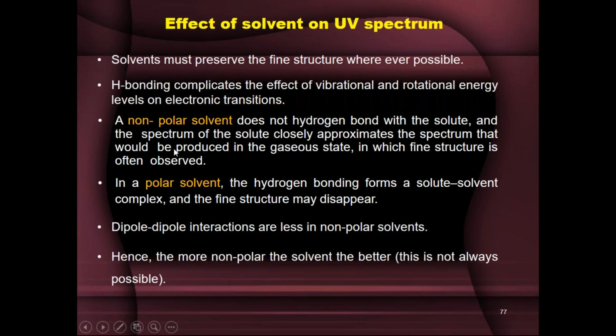Say, for example, benzene is a liquid, and if you convert it into the gaseous state, the vapor form, and take a spectrum, you will see all the fine structure. That is, the individual vibrational and rotational energy transitions give an effect in the form of small peaks, not a straight line. I will show this in the next slide.